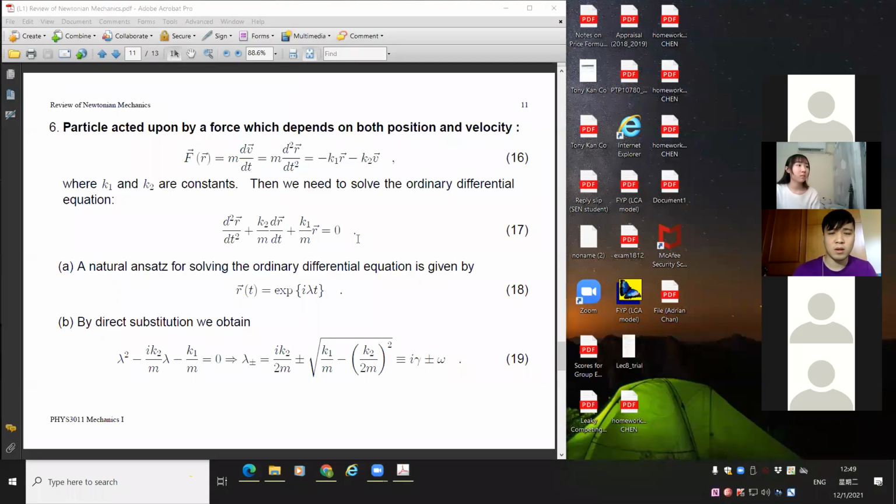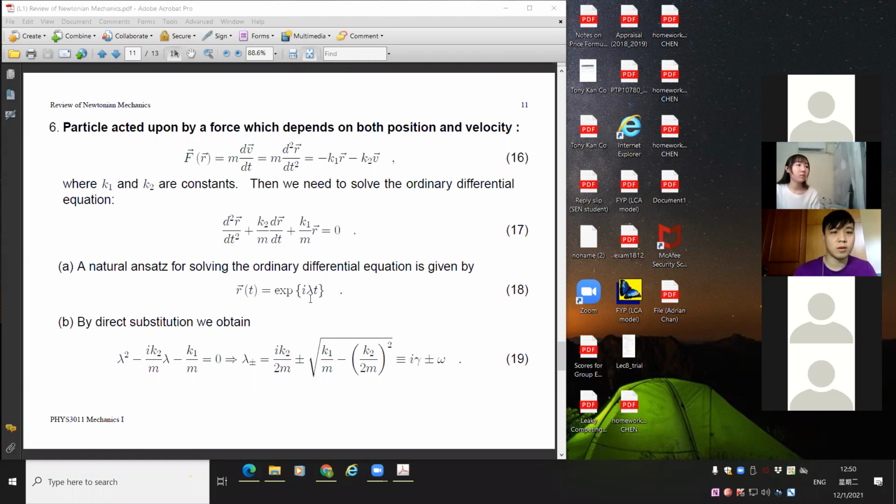It must be an exponential function. Am I correct? I missed something. Here we should have a constant vector in front of it. Otherwise, it is not correct. This is a scalar on the right hand side and a vector on the left hand side.